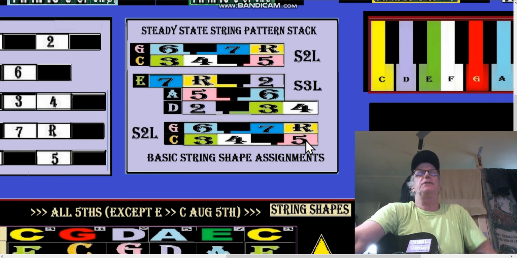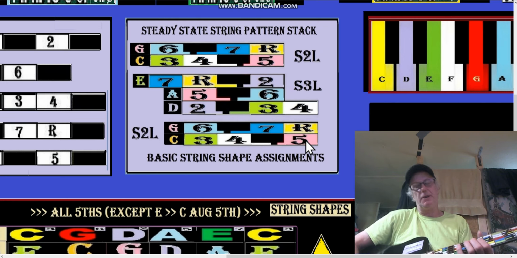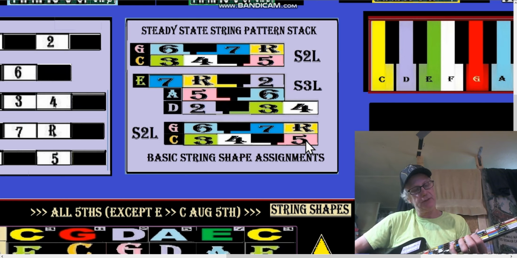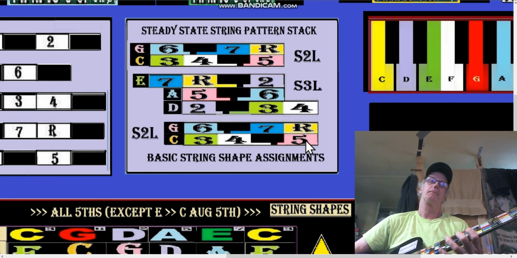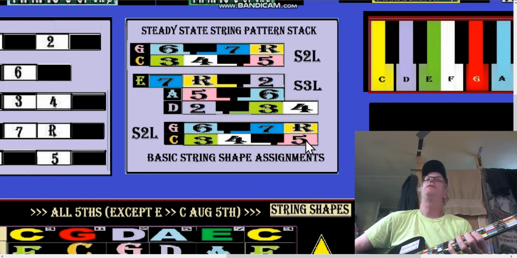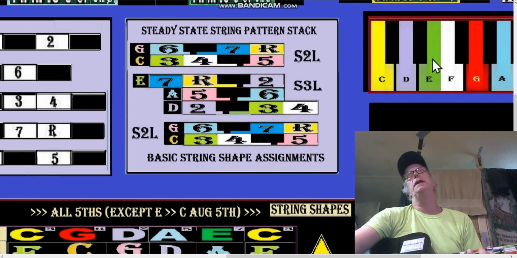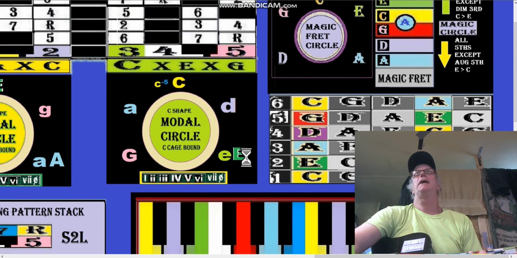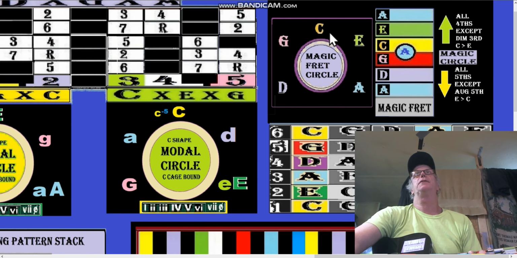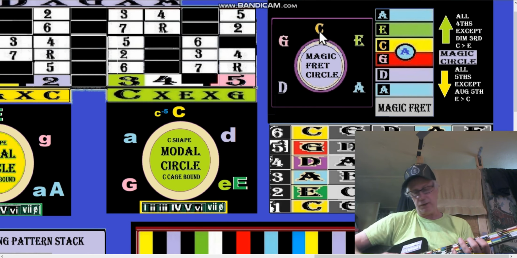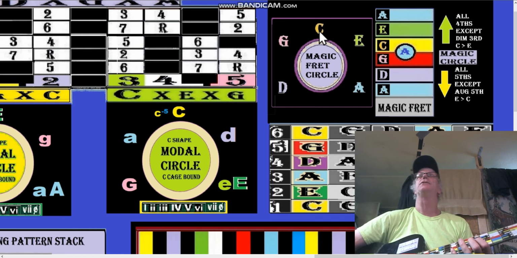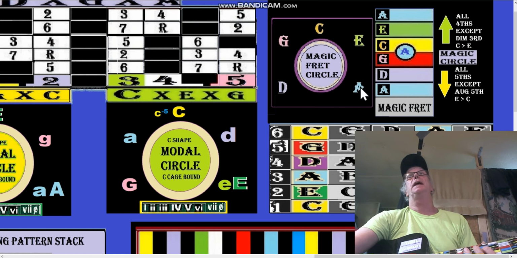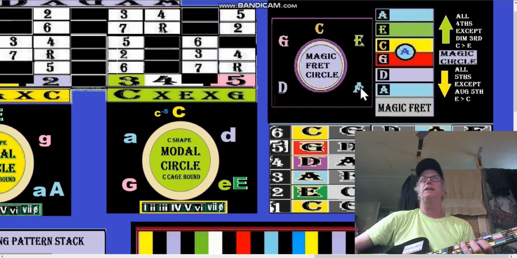If you start that C shape anywhere, might as well use the key of C. So it'll be 3, 4, 5. According to the magic circle, if you take a C shape and you're on the 3rd string, which it is, it's going to be an A. It takes place in the A shape.